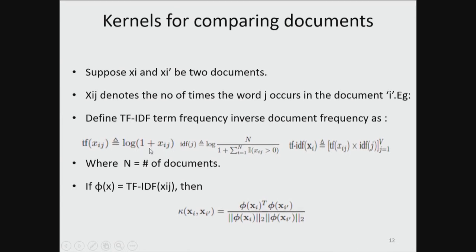Add 1 to that, take the logarithm of that, and we call that the term frequency of that count. Now, we know that xij, already we have seen in the example, that some of the words will have the count 0. Remember in the last example, today is Saturday, Saturday is a holiday, holiday is a nice day.